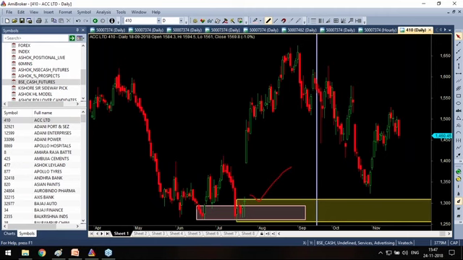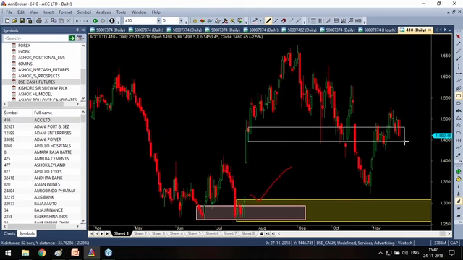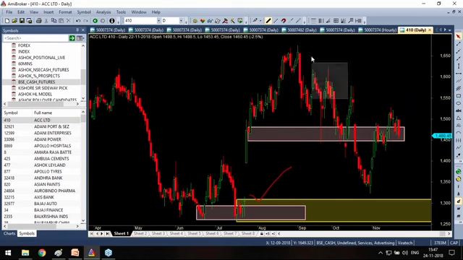I'll give you another fantastic example here. Look at this, friends. Is this a very good rally base rally? Now put a straight line at the rally base rally and look back.